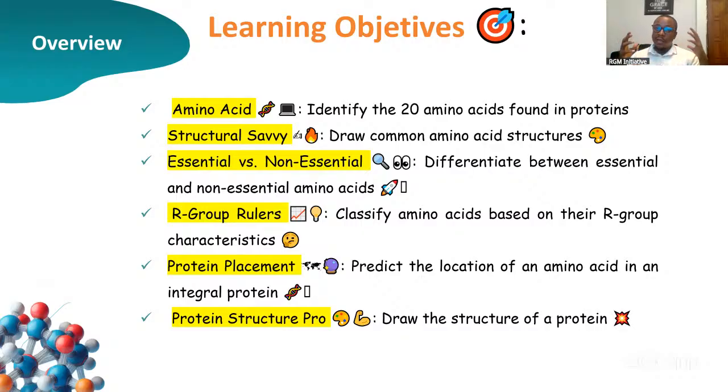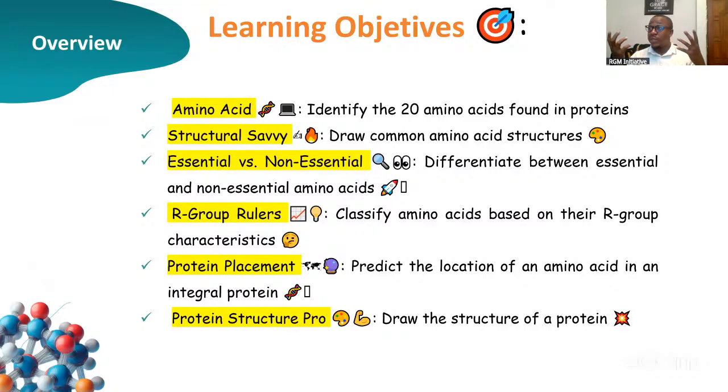We'll also be looking at the essential and the non-essential amino acids.